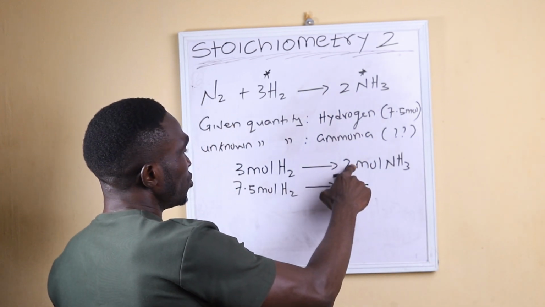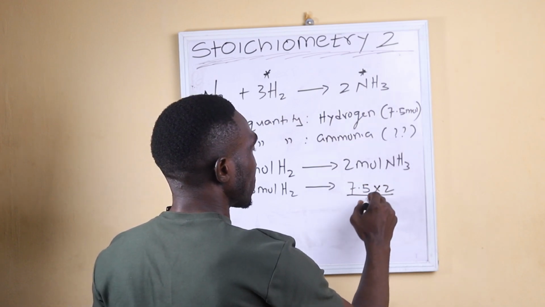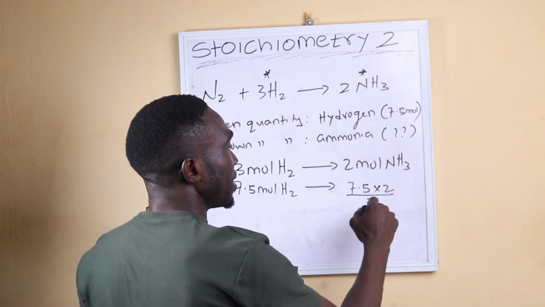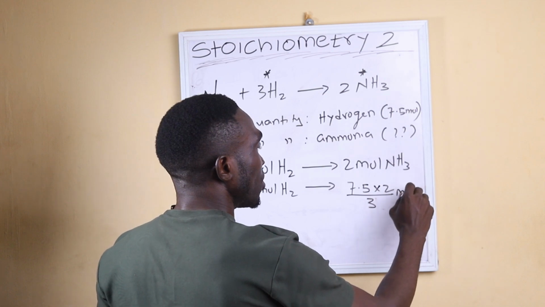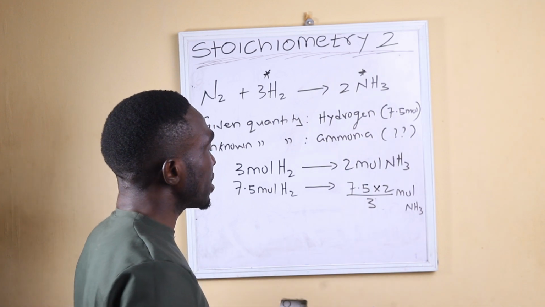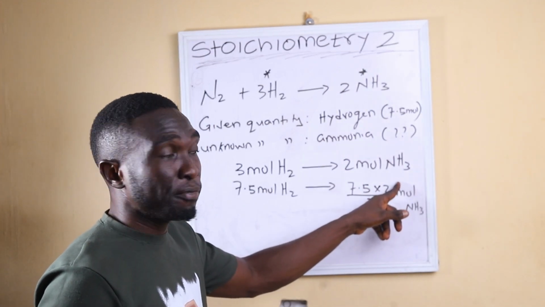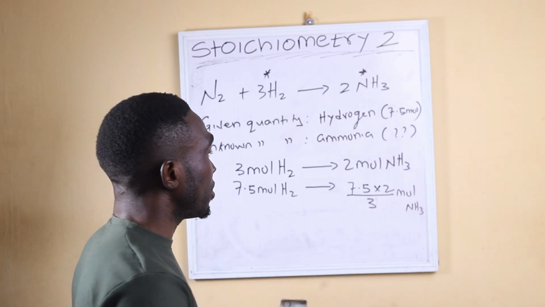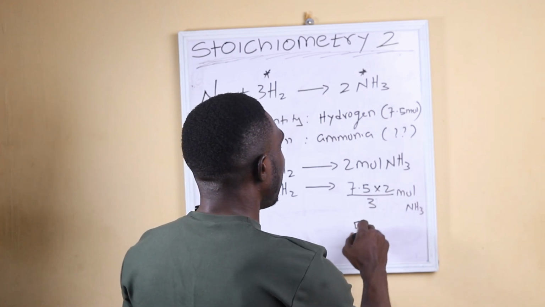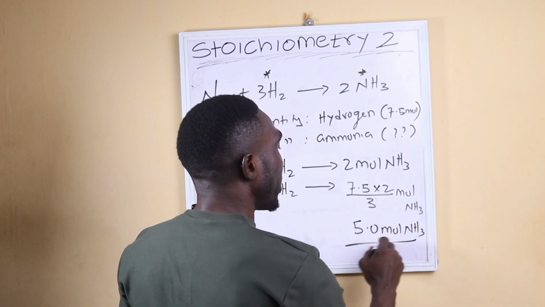Whatever answer you get from here is in moles of what? Ammonia. Now, 7.5 times 2 is 15, and 15 divided by 3 gives us 5. So the answer here is 5.0 moles of ammonia. Final answer.